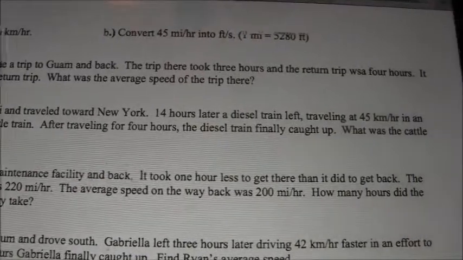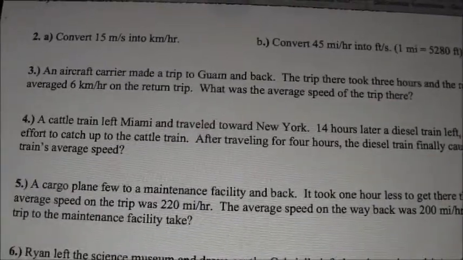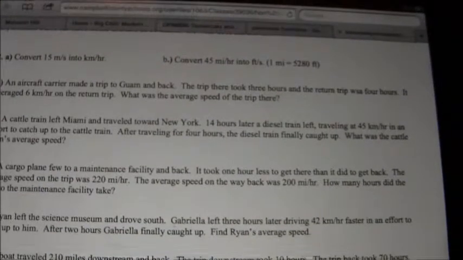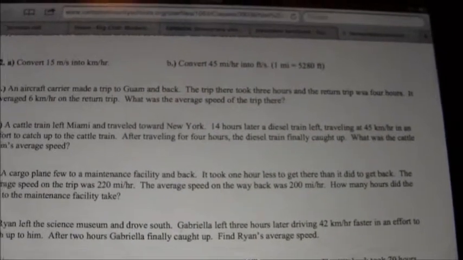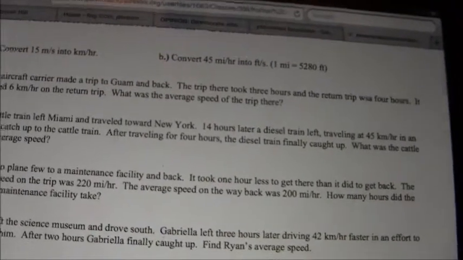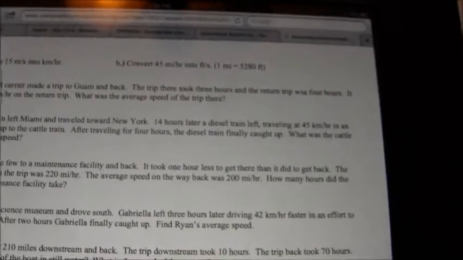After traveling for 4 hours, the diesel train finally caught up. I want to know what the average speed was for the cattle train. Now, once again, I can set up one of these distance, rate, and time charts.